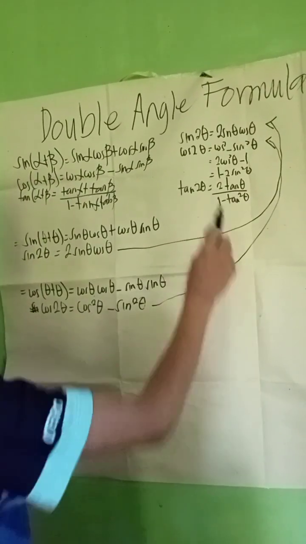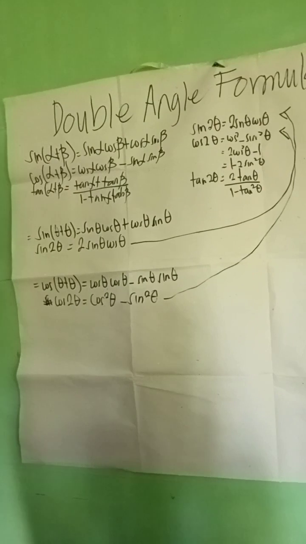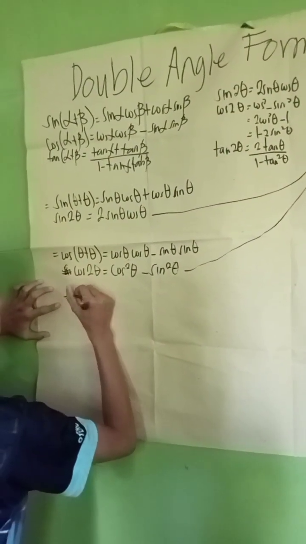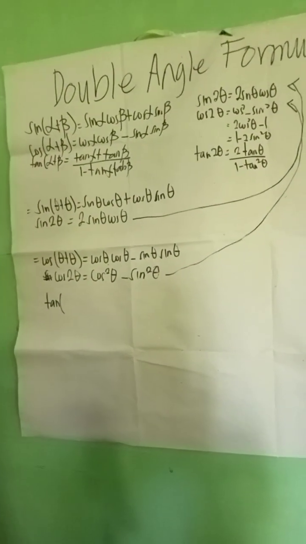For this one, we will use the addition formula of tan of alpha plus beta. Same process, we're going to replace alpha and beta with theta.